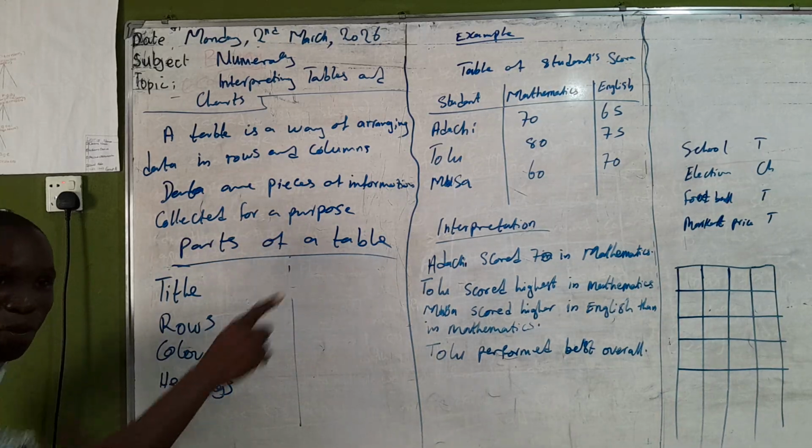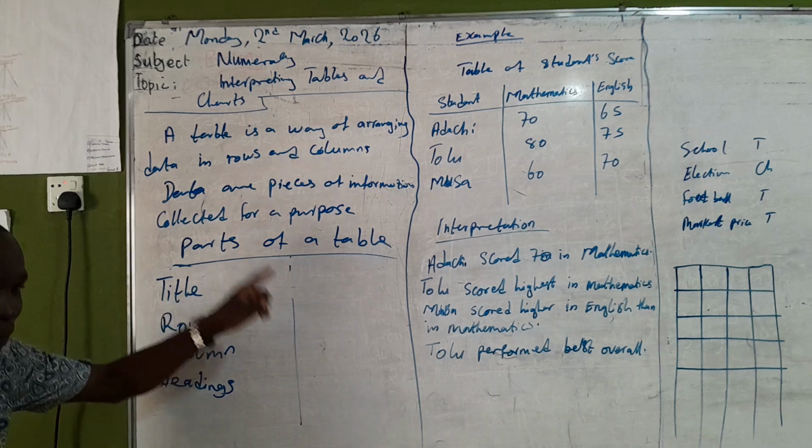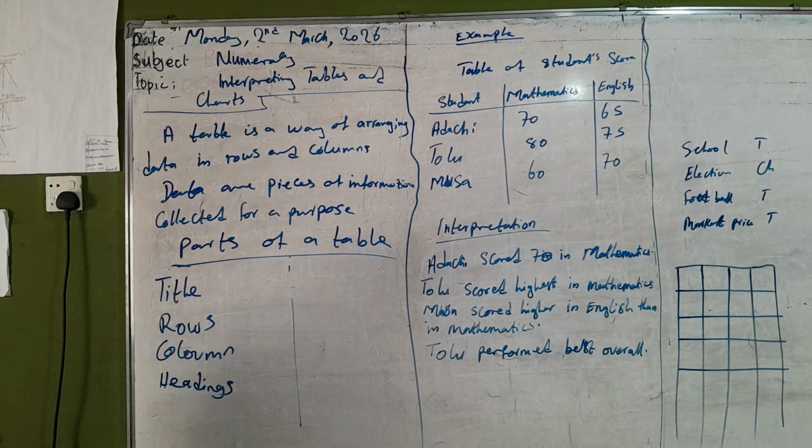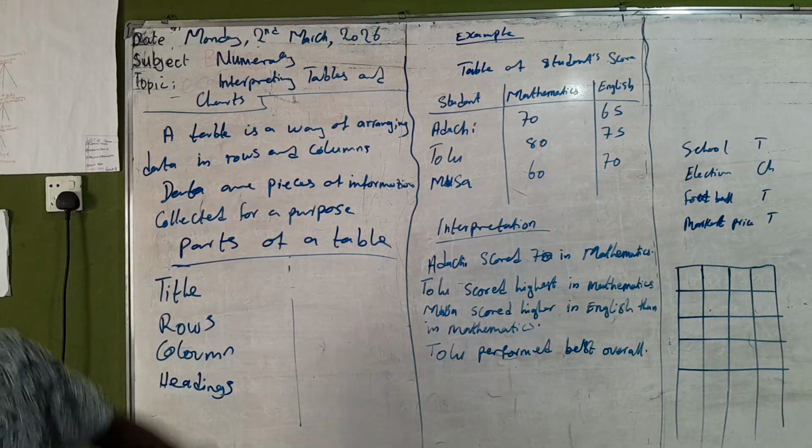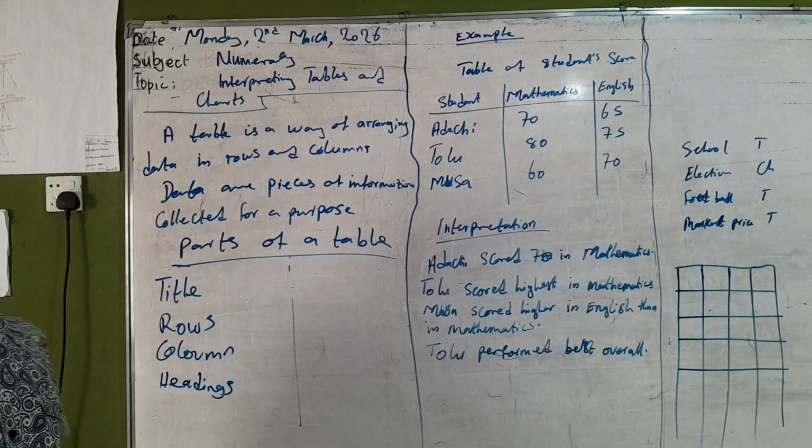Now, what are they? Parts of the table. Number 1, title. Number 2, rows. Number 3, column. Number 4, heading. What are they? Parts of the table.